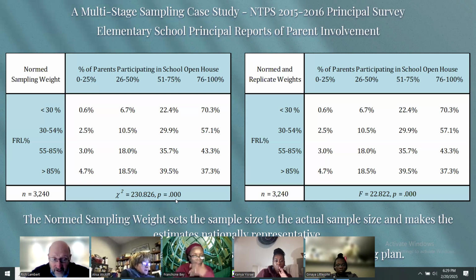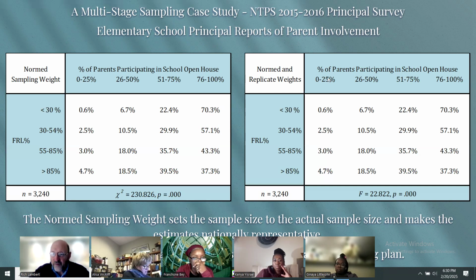Now we still get a statistically significant chi-square. However, that chi-square value of 230, that's way inflated because of the design effect. That's what that test statistic would be had we done simple random sampling. But the fact is we didn't.